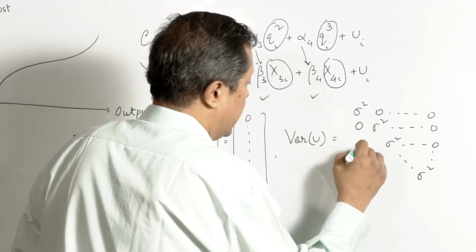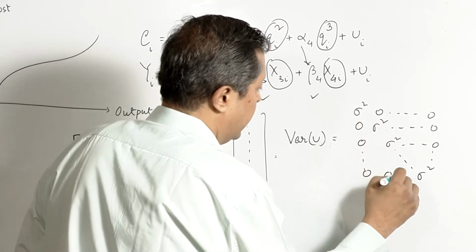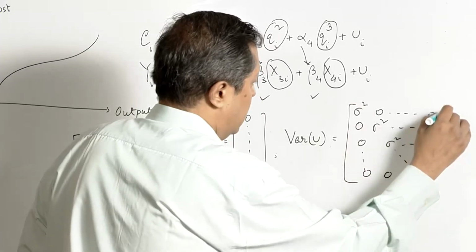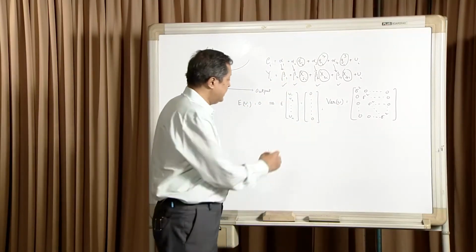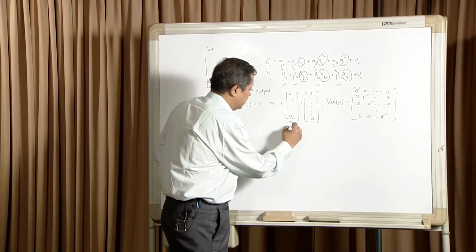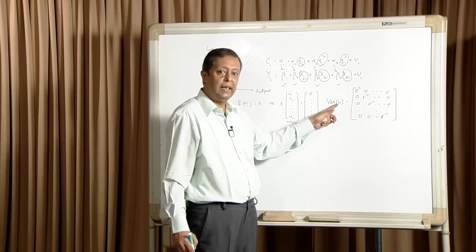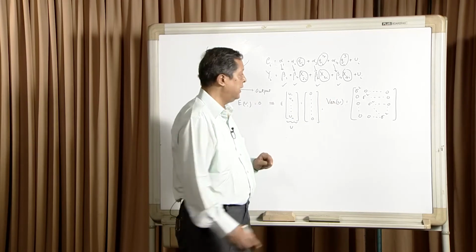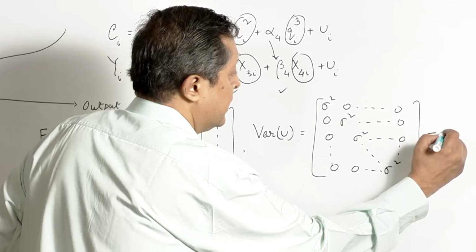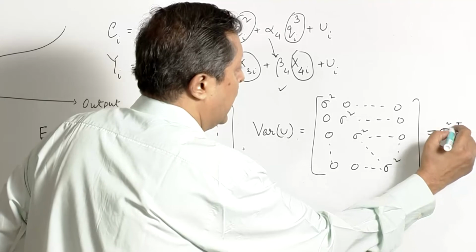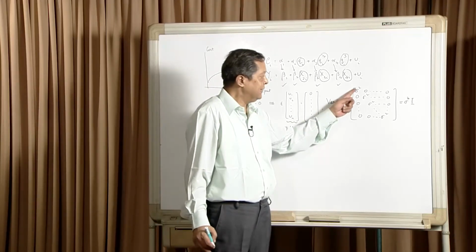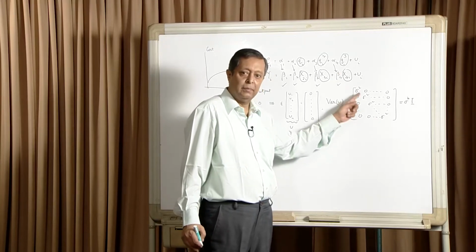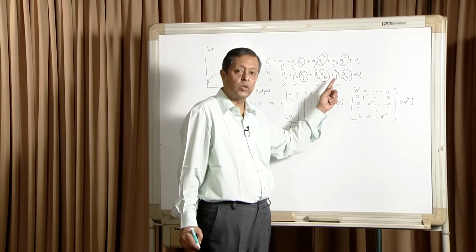Let us try and understand what these off diagonal terms are. This u is this vector. This is called the variance covariance matrix, and it is written as sigma square I. That means each of the diagonal elements shows the variances.